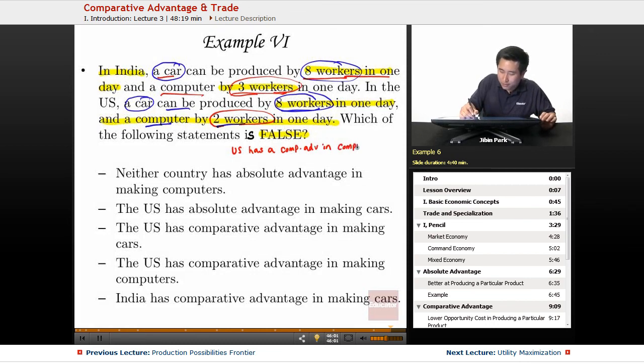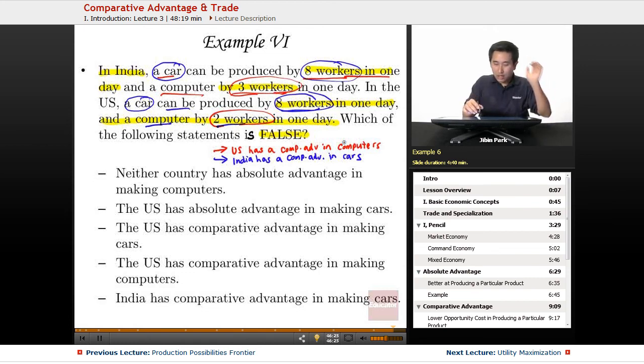You just stop right there because they're equal at making cars, and the US is relatively better at making computers. If the US has comparative advantage in computers, then it stands to reason that India has a comparative advantage in cars. Okay, so let's find the 4 true statements and find the false one here.